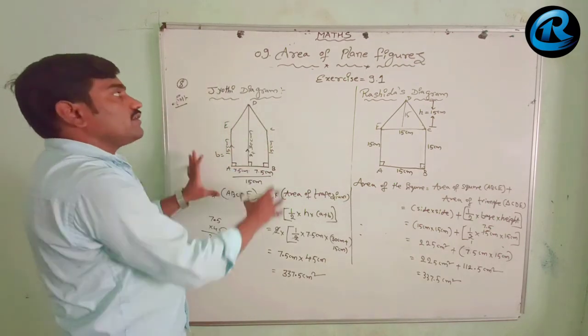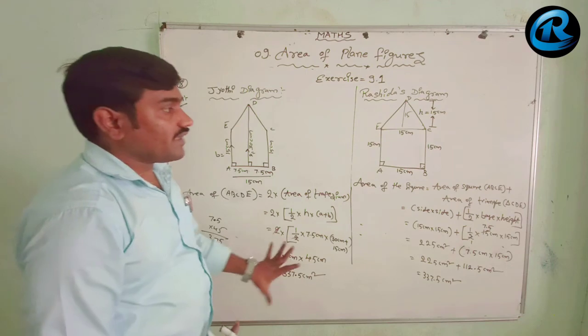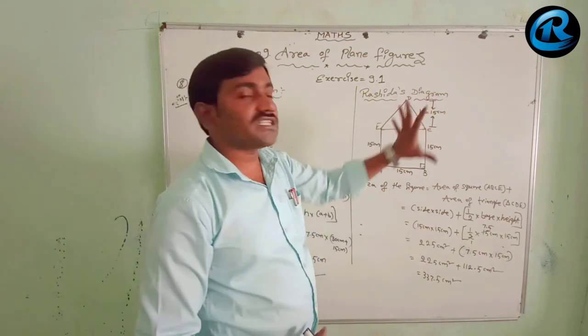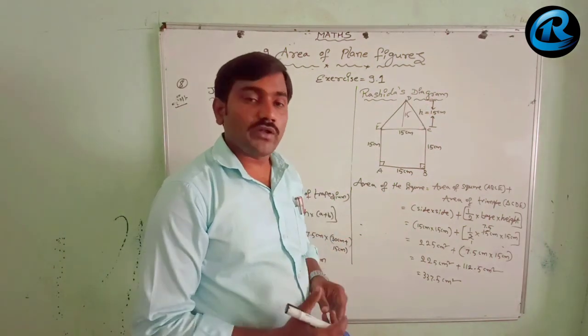The area we got from Jyoti's diagram and the area we got from Rashida's diagram is the same. What do you notice?